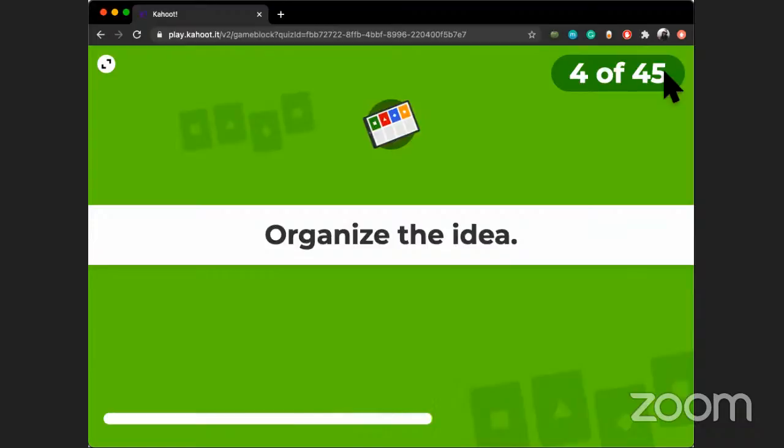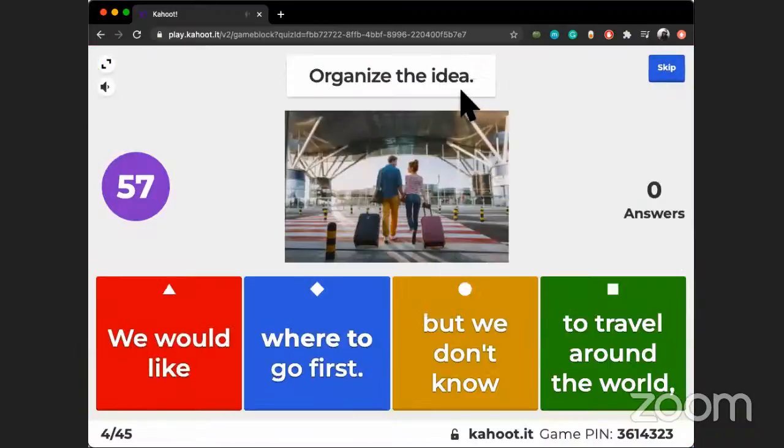Next. What about here? Organize the idea. What goes first? What goes second? No worries, we have a lot of time. Just try to think which one goes first.